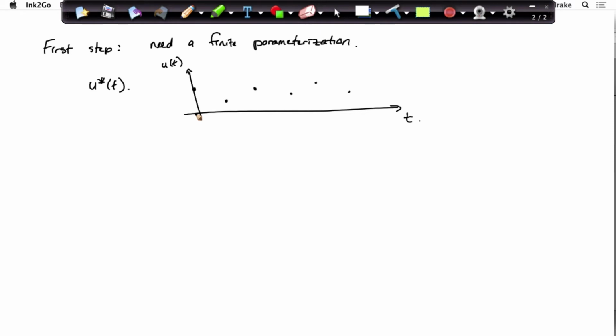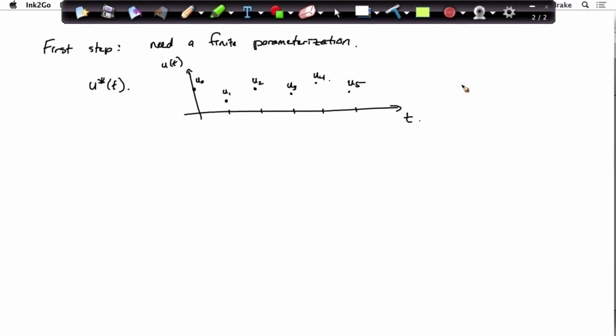Maybe I describe the value of u of t at a handful of points, and I can call these my parameters, maybe u0, u1, u2, u3, u4, u5. These parameters, there's a finite number of them, and they can describe the continuous function u of t if I make some decisions.